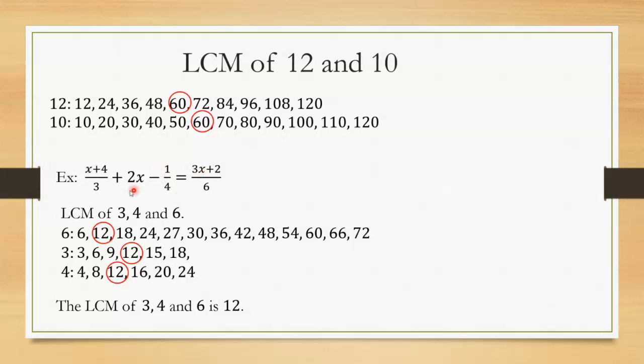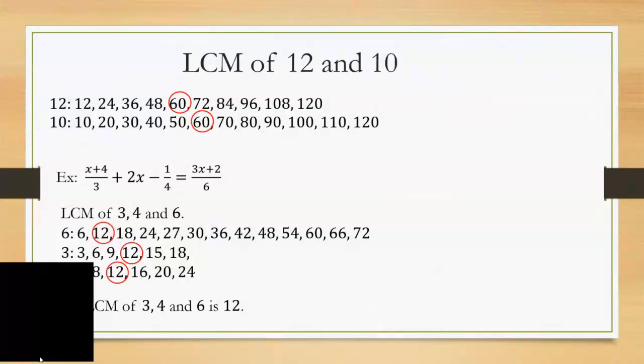Now let's actually find the LCM and use it to solve an equation. The LCM of 3, 4, and 6. For 6, let's list the multiples: 6, 12, 18, 24, 30. I listed some things that should not be there, so let me cross that out quickly.